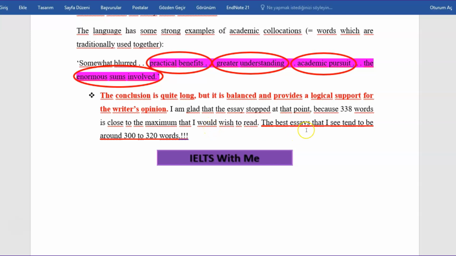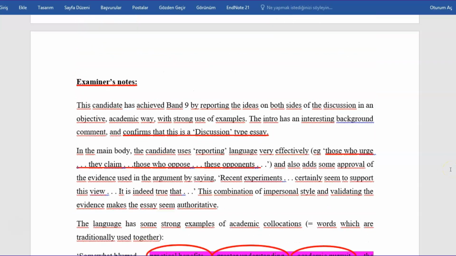Please pay attention that the best essay length that examiners tend to want is around 300 to 320 words.